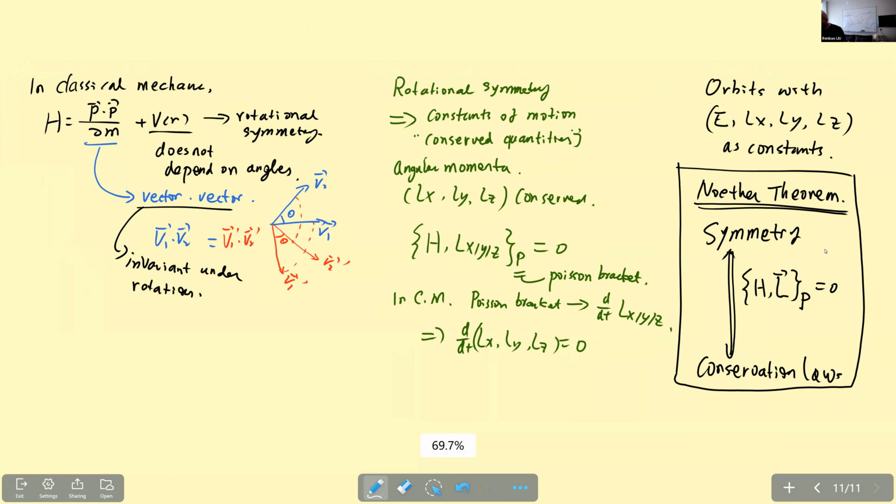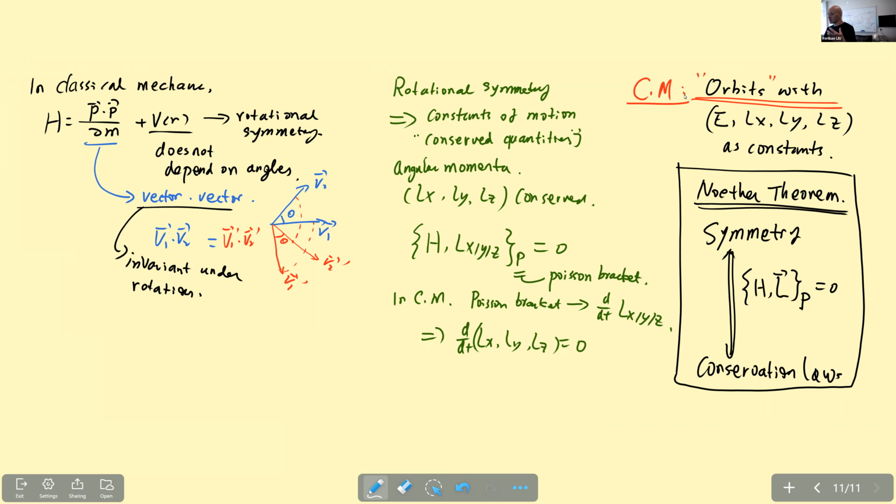So you have orbits, and in the orbits you can have fixed energy, of course, but you can also have a number of quantities related to the symmetry. In this case, we consider the rotation symmetry, right?